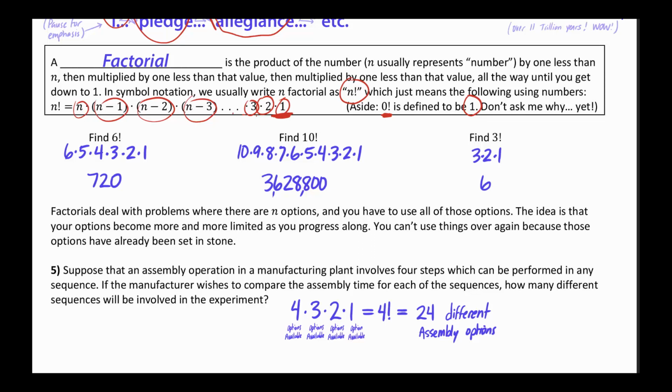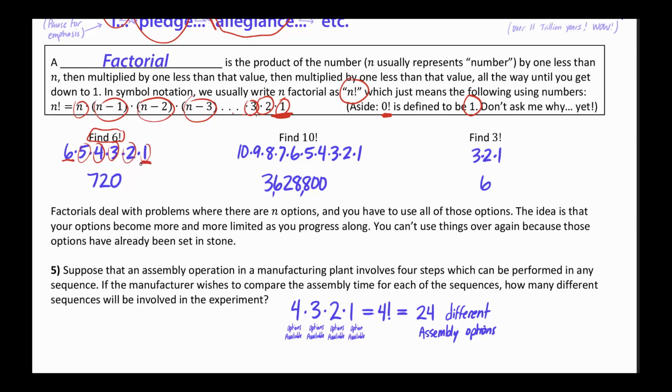So a couple of examples to get the hang of a factorial, a new idea for us. Find 6 factorial. Well, that means we start off with 6 and we multiply by 1 less, which would be 5, then 4, then 3, then 2, and then 1.